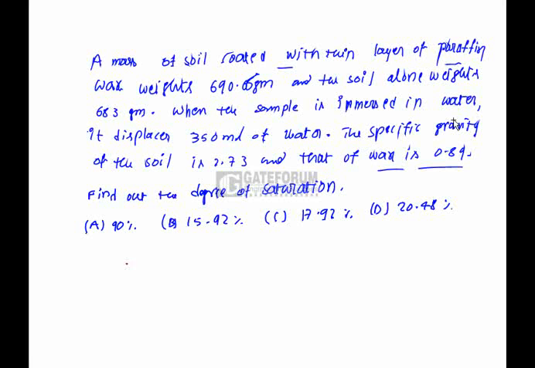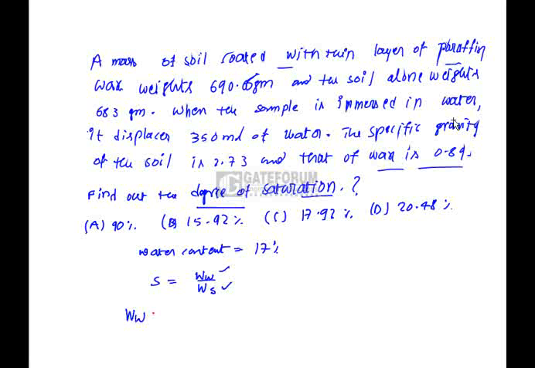From the previous question, we know that the water content is given as 17%. What we have to find out is the degree of saturation of the soil. Degree of saturation is weight of water by weight of soil, so we have to find out weight of water and weight of soil.